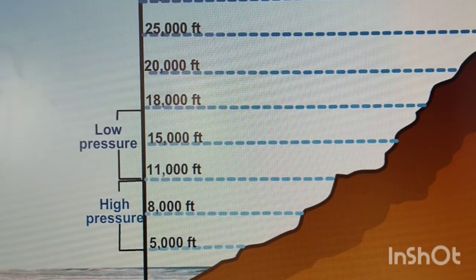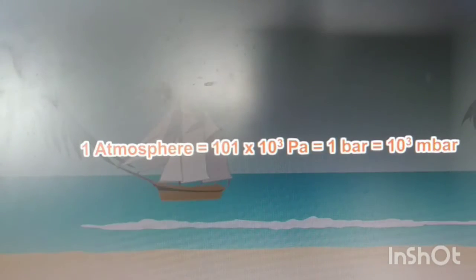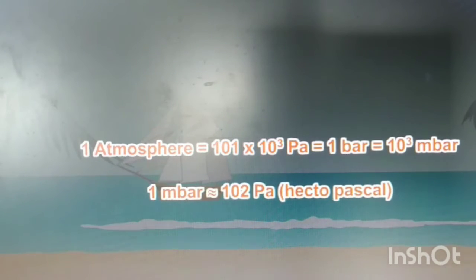1 atmosphere is equal to 101 into 10 raised to 3 Pascal, which is equal to 1 bar, which is equal to 10 raised to 3 millibar. 1 millibar is equal to 10 raised to 2 Pascal, that is hectopascal.